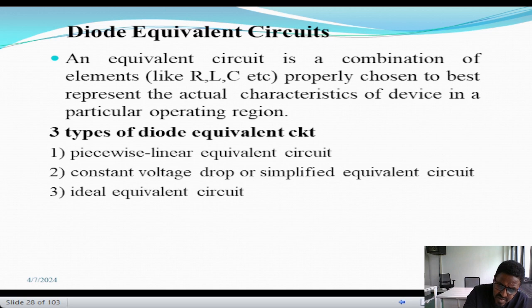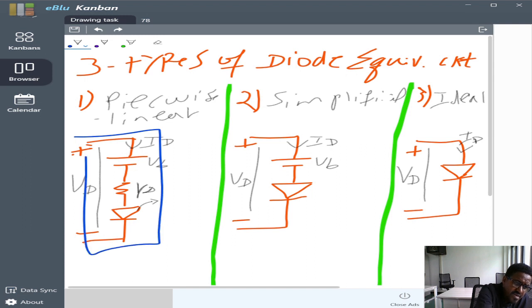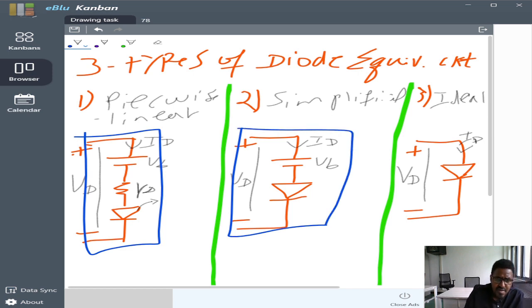This circuit here is the piecewise equivalent circuit. The second one is the simplified equivalent circuit or constant voltage drop equivalent circuit. The third one is the ideal equivalent circuit.